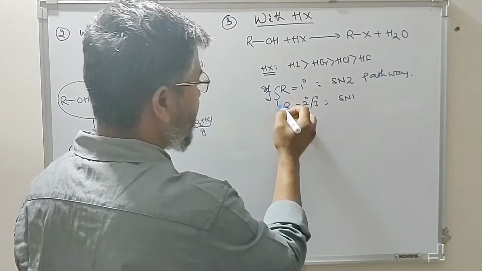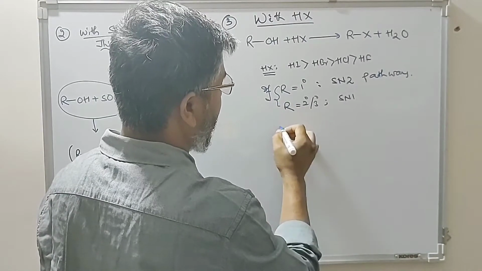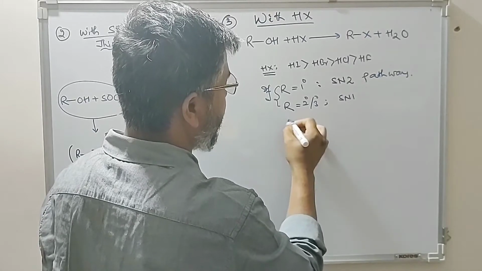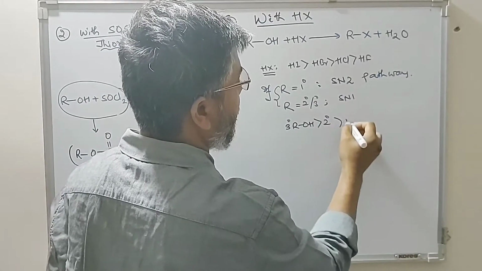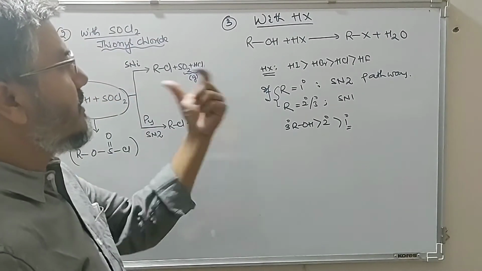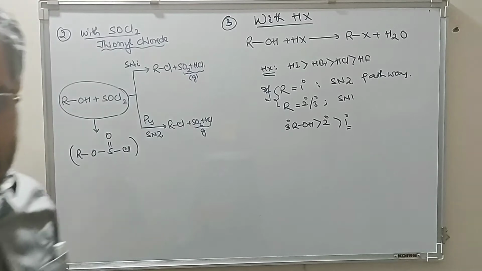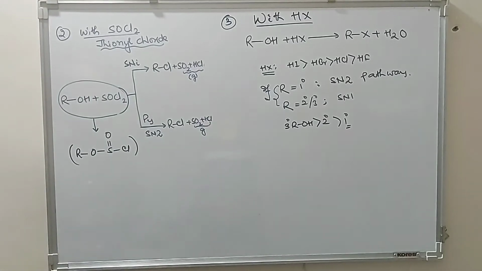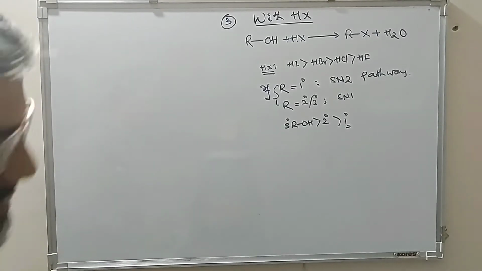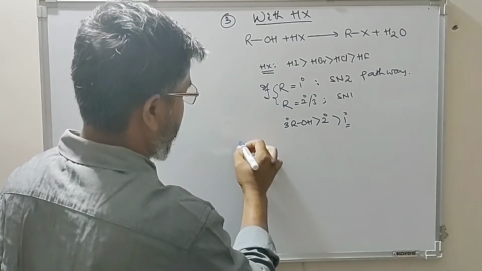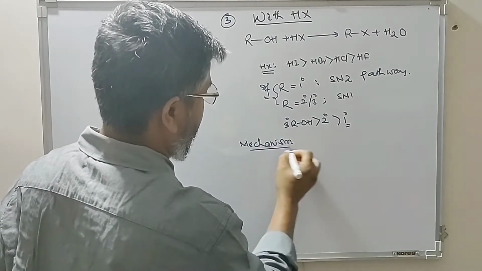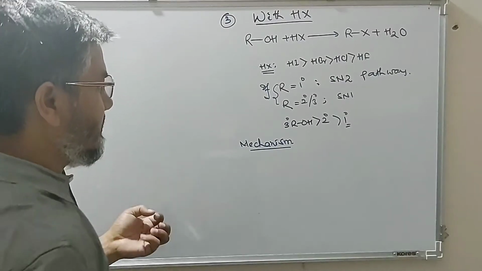So considering this, the reactivity order of alcohols is tertiary alcohol the most reactive, followed by secondary, followed by primary alcohols. This we have discussed for preparation of alkyl halides. Now coming to the mechanism part of this reaction.